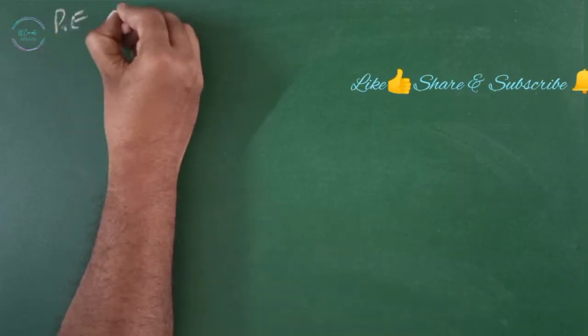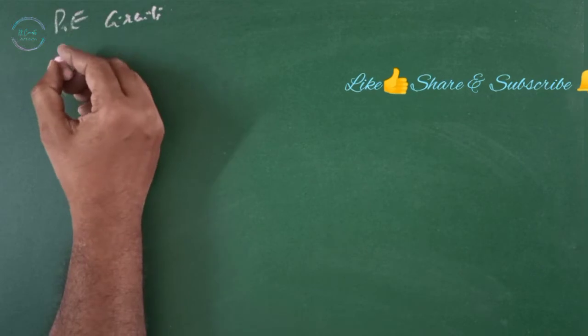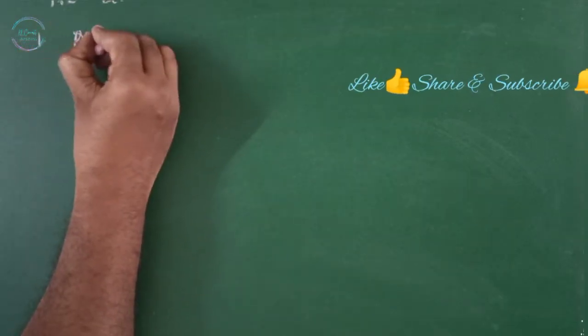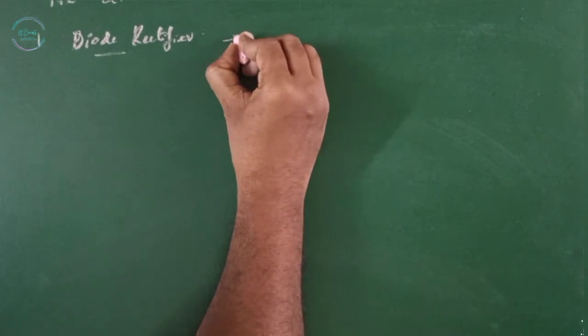Power electronic circuits are mainly classified into 6 types. The first one is diode rectifiers. Since the diode is an uncontrolled turn on, turn off device, the conversion of power is uncontrolled.